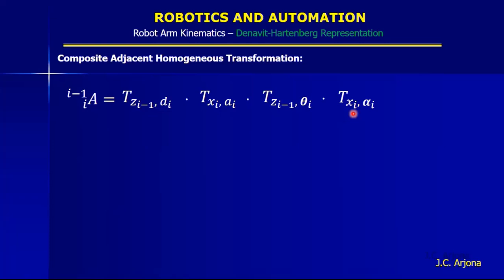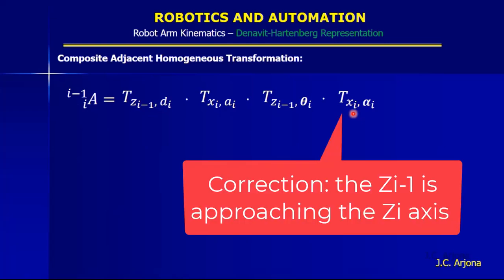Lastly, it's the angle about the xi axis where the zi minus 1 is approaching the zi axis for the angle alpha i.